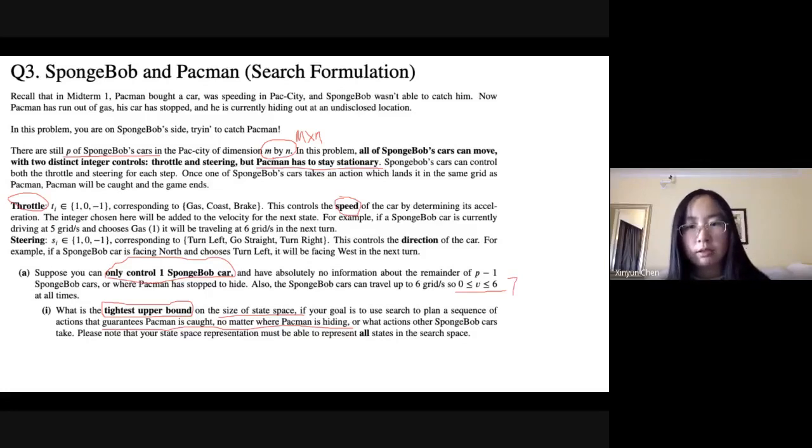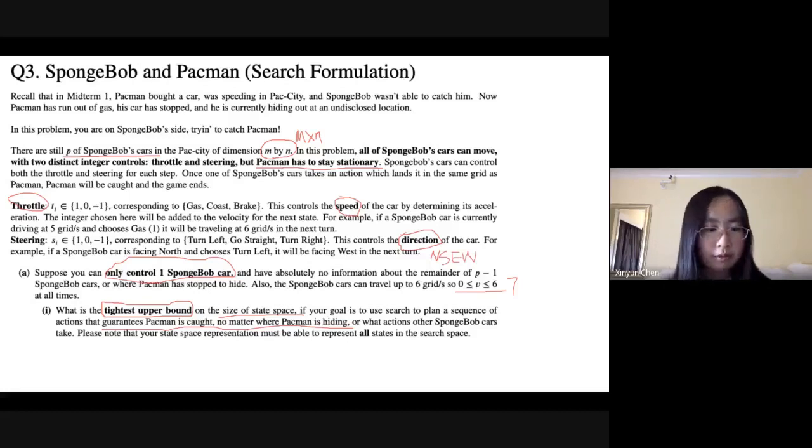Another attribute is the direction of the car. You can see from the action space that it could turn left, go straight, and turn right. So it means that there will be 4 different directions corresponding to north, south, east, and west.